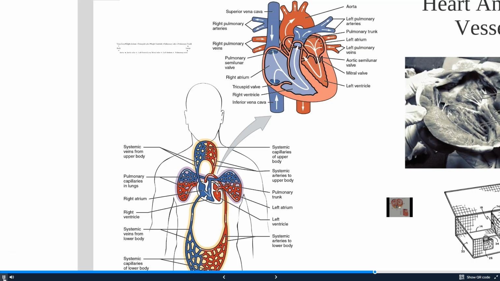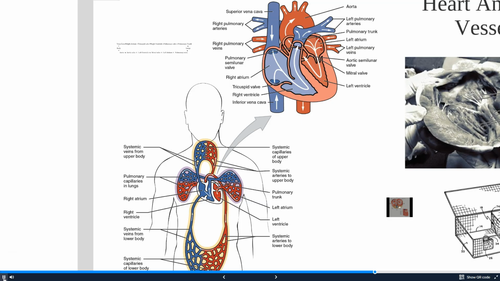There's two circuits here. There's the systemic circuit, which is bringing the oxygenated blood out to the body and returning the used deoxygenated blood back, and the pulmonary circuit, which is taking the deoxygenated blood, going through the lungs, getting reoxygenated, and then bringing it back. The systemic circuit follows the arteries being red and veins being blue color scheme because arteries are carrying the oxygenated blood away from the heart to the tissues, and the veins are carrying the deoxygenated blood back from the tissues to the heart.